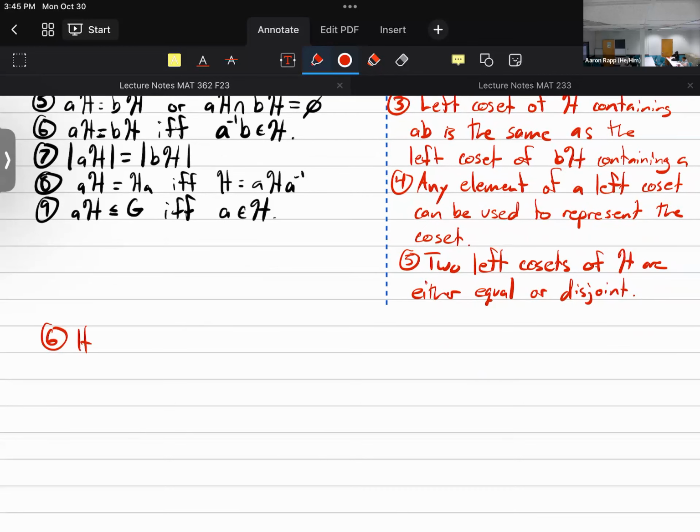Sixth property gives us a way to determine if two cosets are equal, all coming from elements of H.